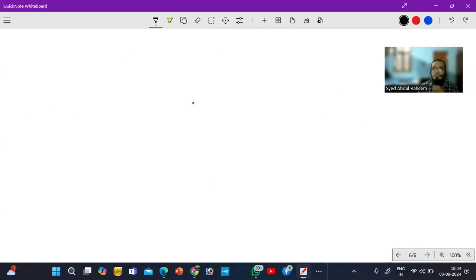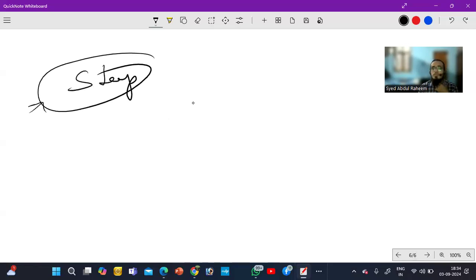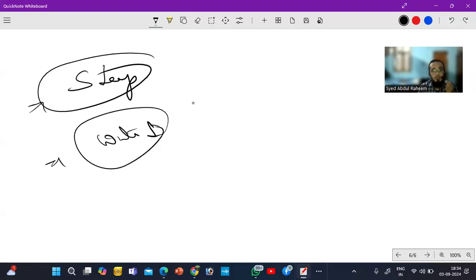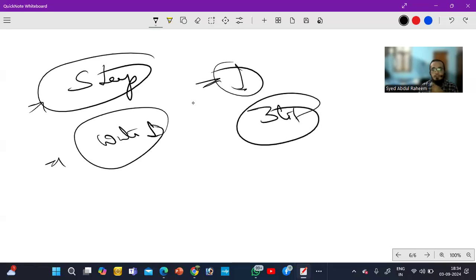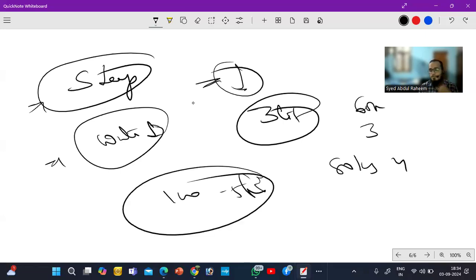This is the single before-food protocol and after-food protocol. Along with that, if the patient has sleep disturbance, you have to correct the sleep. If the patient has a drinking habit, I mean water quantity is decreased, you have to increase the water quantity. If the patient is taking a higher amount of water, you have to decrease it. 3 liters is enough in a day according to weight: 60 kgs needs 3 liters, 80 kgs needs 4 liters, 100 kgs needs 5 liters of water on a daily basis.